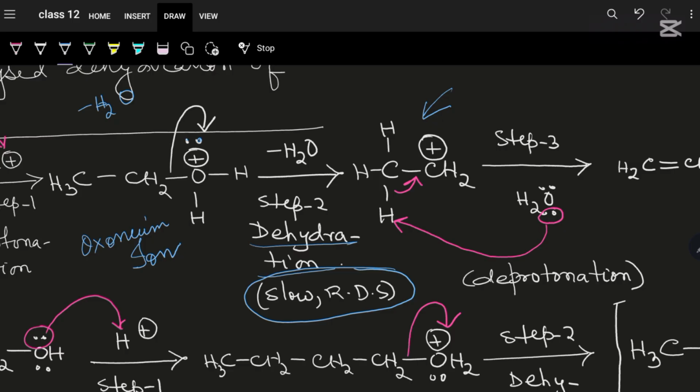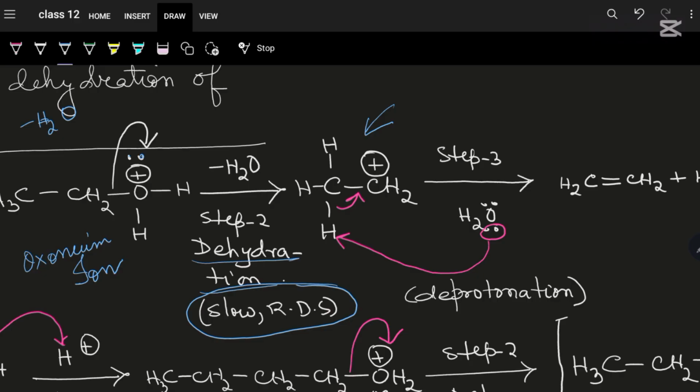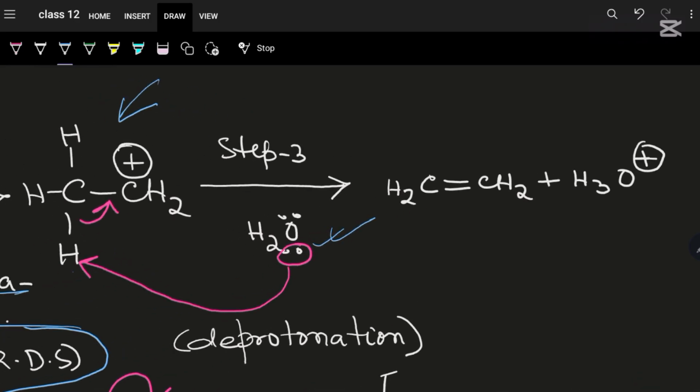Now after this you have dehydration, that's why you are getting only the carbocation, and the positive charge over carbon will not remain because H2O is there in the medium. It acts as a base abstracting the proton. It's amphoteric in nature. So it abstracts the H plus also and it forms a double bond. So here we can see a double bond getting formed.